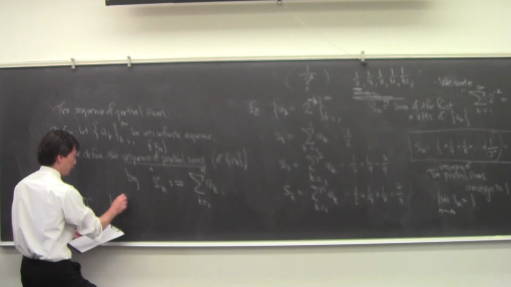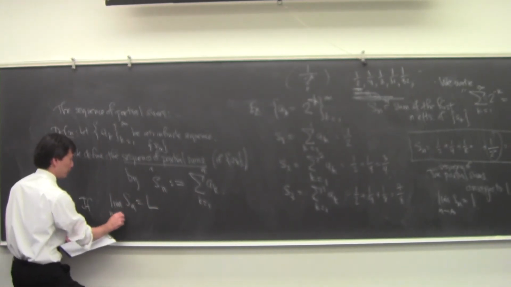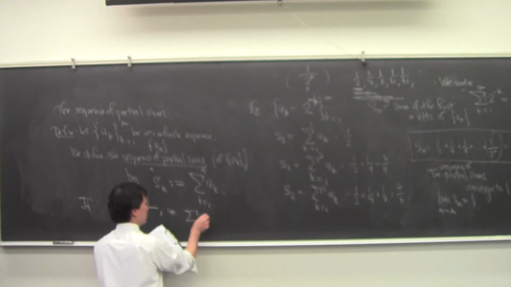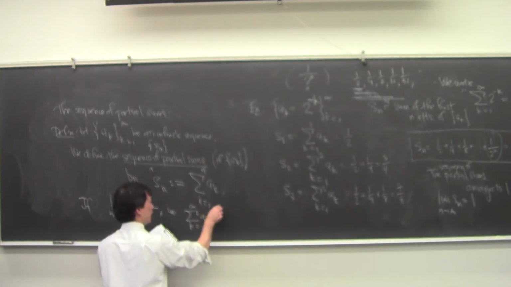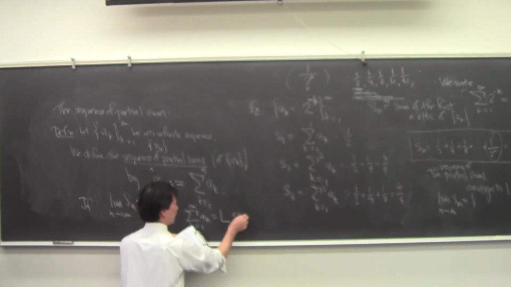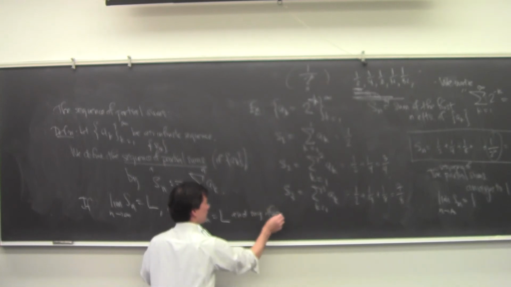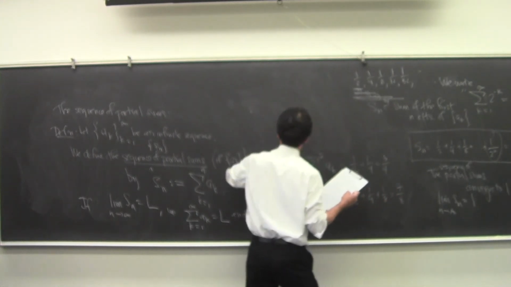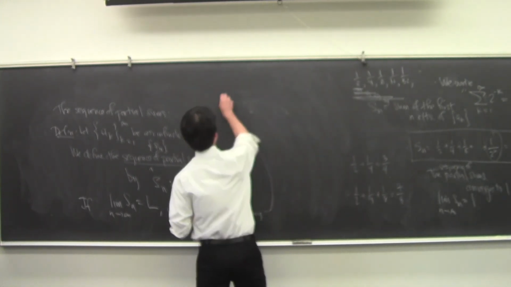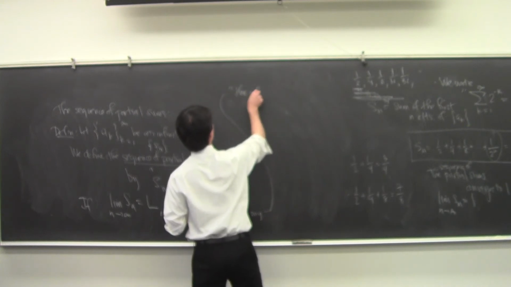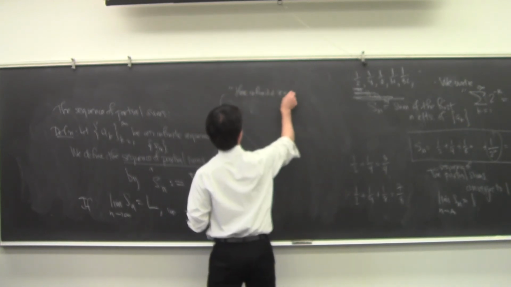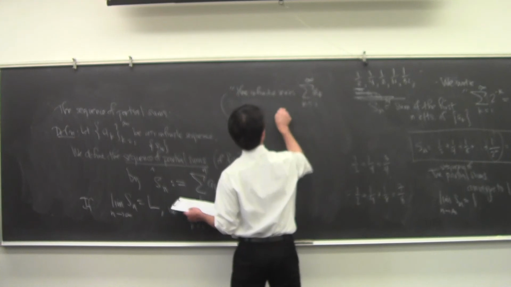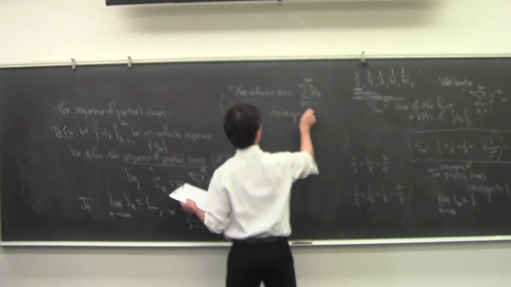If the limit of the s of n's is some number as n goes to infinity, we write that the sum of the a sub k's from k equals 1 to infinity equals L, and we say in English that the infinite series converges to L.